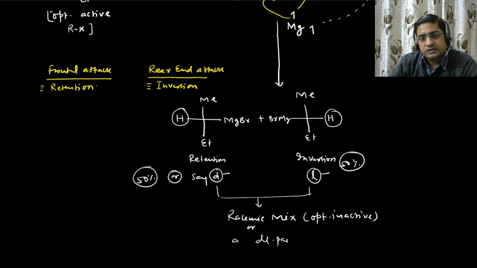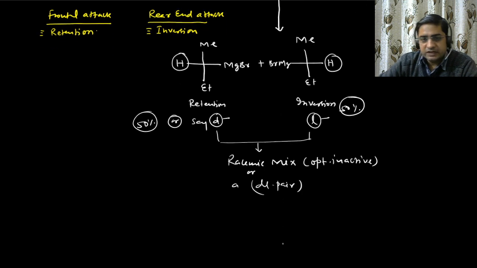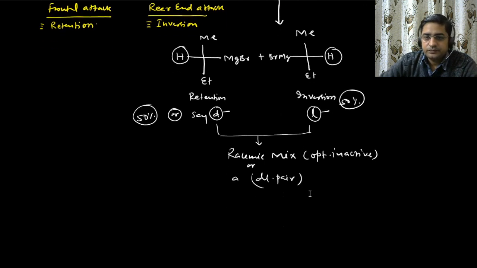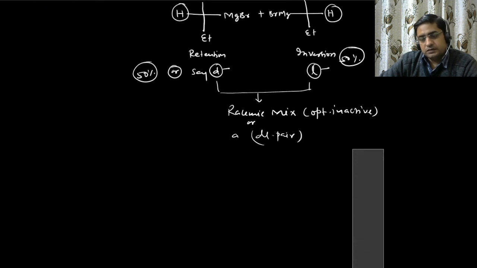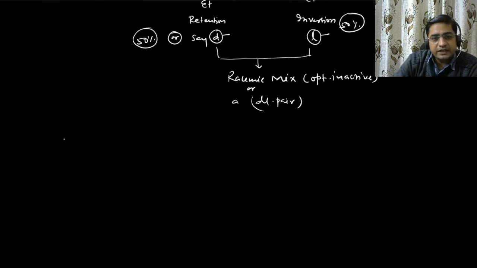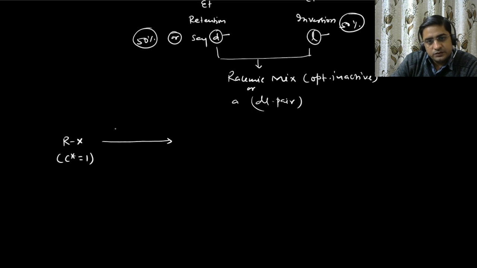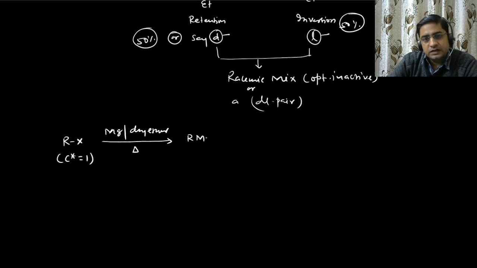So the conclusion is that whenever we have RX having an asymmetric center and we warm it with magnesium and dry ether mixture, we get RMgX. This one is a DL pair.